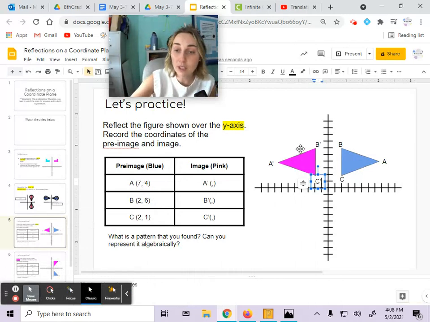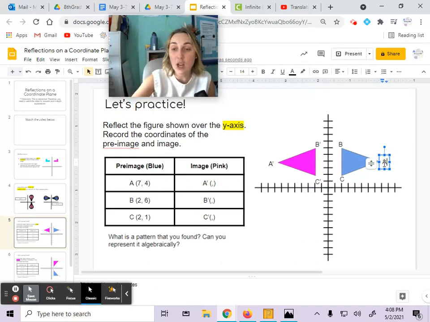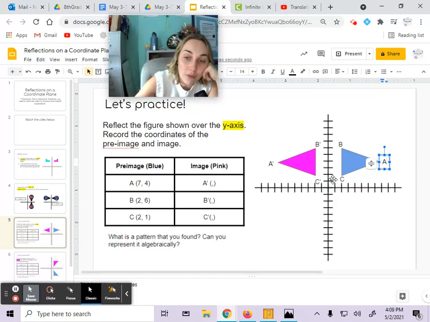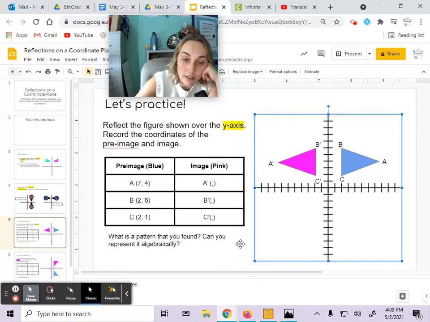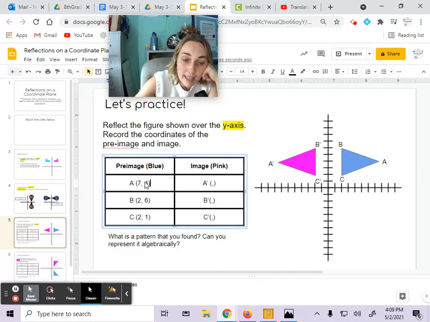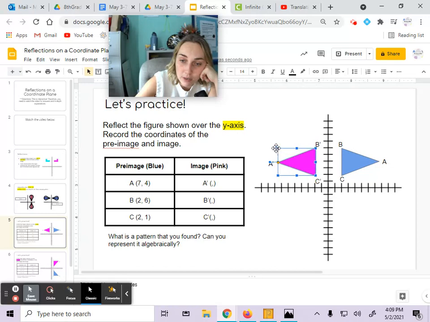So if we're looking at coordinate A, we need to see what the coordinates for A prime are going to be. All right, so we're reflecting it over the y-axis. Let's see what the coordinates are. Because for A, it is 7 and 4. So let's see what the difference is. In this case, A, here's the coordinate right here.